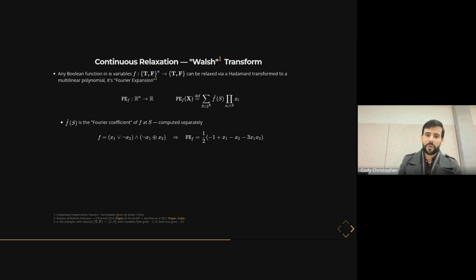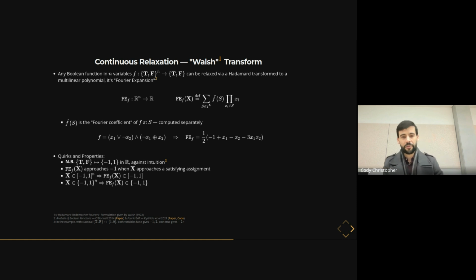F hat we call the Fourier coefficient of F at the subset of the variables you're currently looking at, and it's computed separately. Now, a quick example: we have a very simple logical expression that could be part of a SAT problem, x1 or not x2, and not x1 exclusive or x2. The Fourier transform here is the equation on the right, and this is just a generic polynomial that we can perform minimization over.